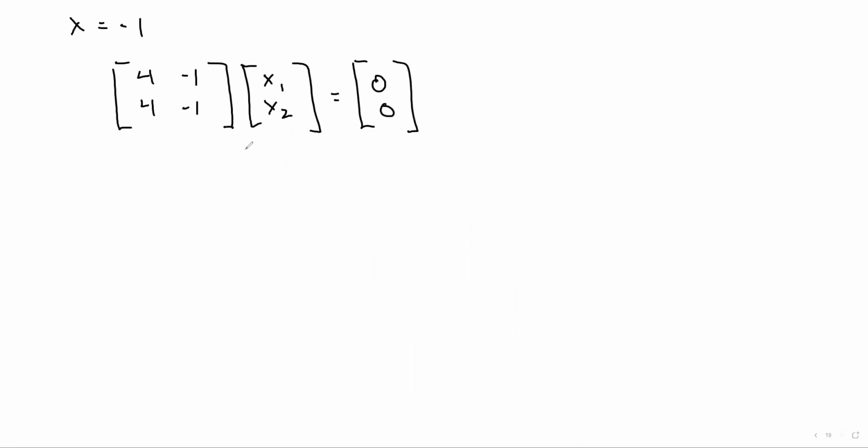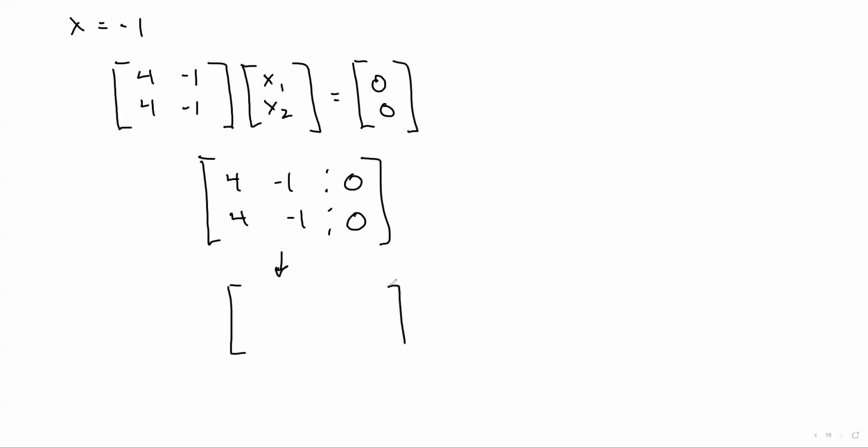And then you could go ahead and form the augmented version of this. So these are obviously the two rows are identical. That means you could take the top one, take -1 times it and add to the bottom one, and that would give you an all 0 row.